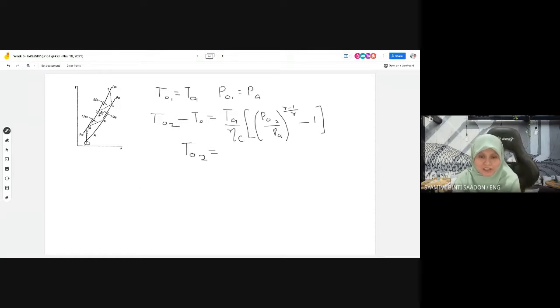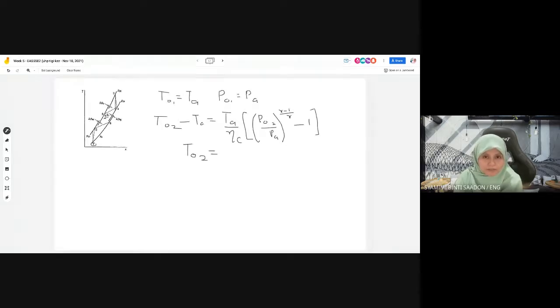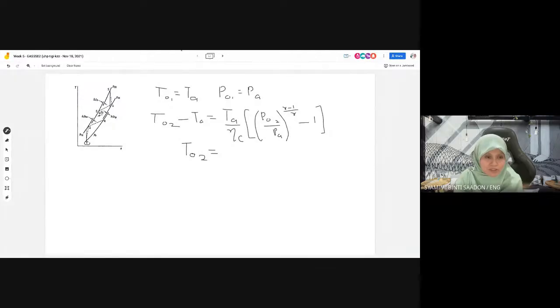TO2, how much? And then from there, since we want to determine the specific work output, next we calculate the compressor work. Is it in the slide just now?